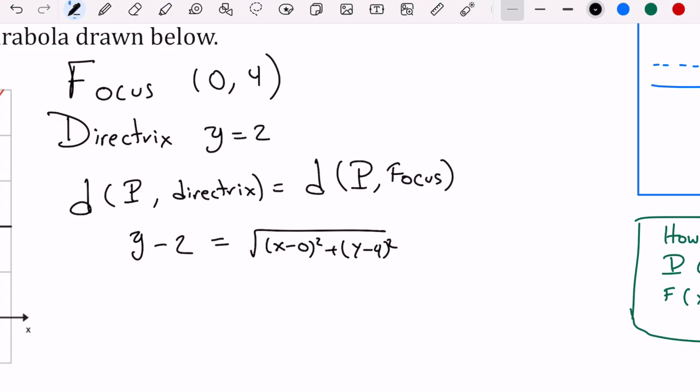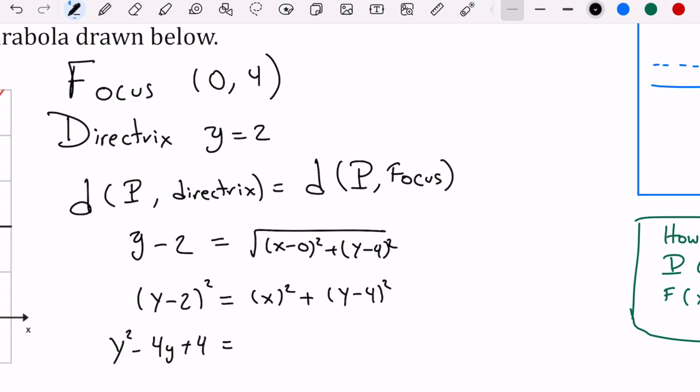x squared plus (y minus 4) squared. I'm going to FOIL, so this is y squared minus 4y plus 4 equals x squared plus y squared minus 8y plus 16.